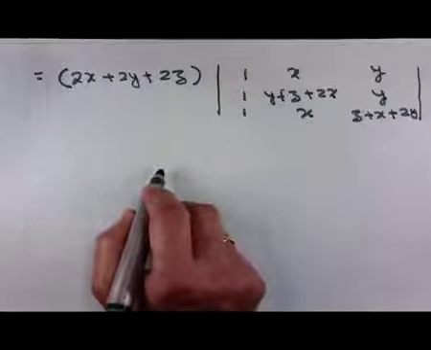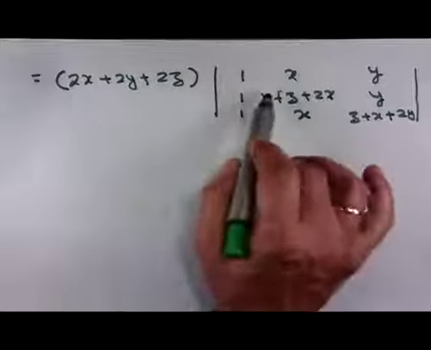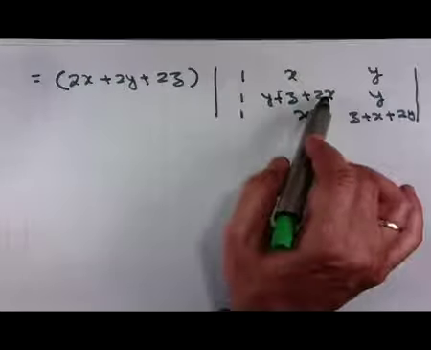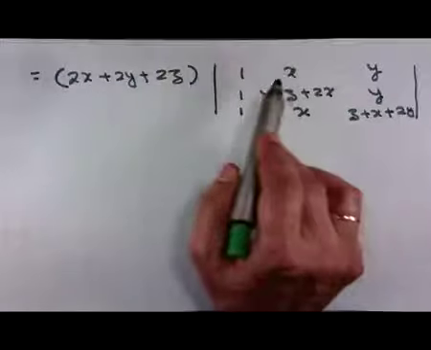So what will we do? We will now replace the second row with minus 1 times the first row.